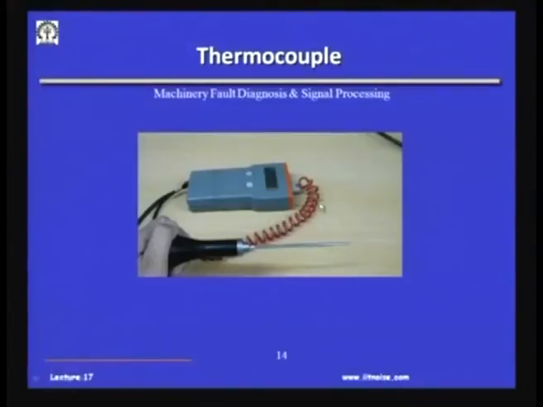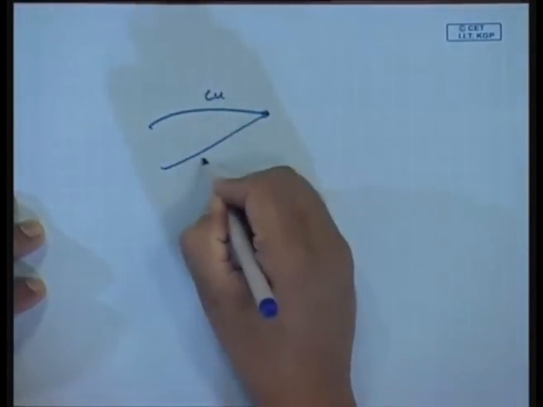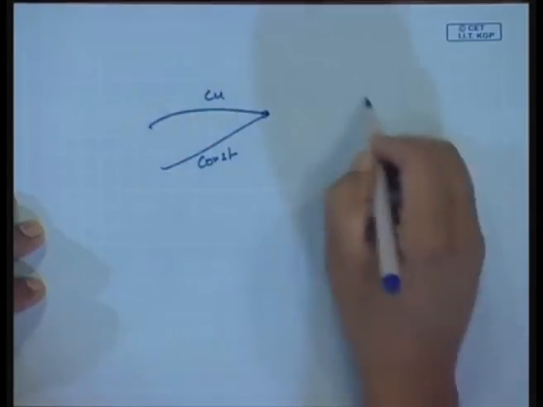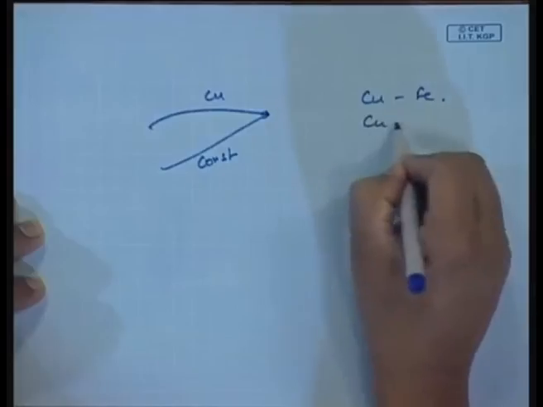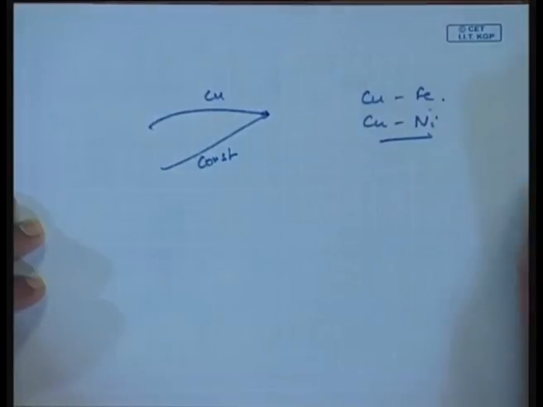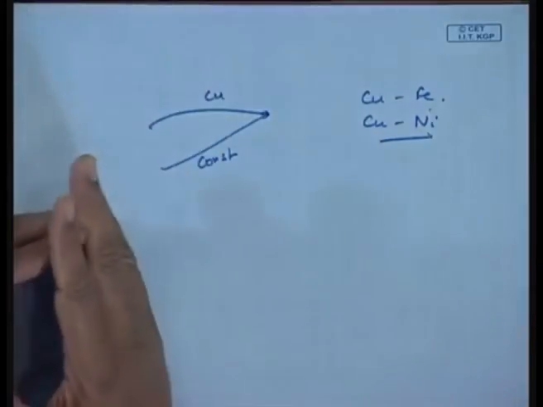Essentially a thermocouple is nothing but two wires of different materials joined at a junction. This could be copper, constantan, or copper, iron, or copper, nickel. Many such combinations are there, and based on these combinations they have different temperature ranges.